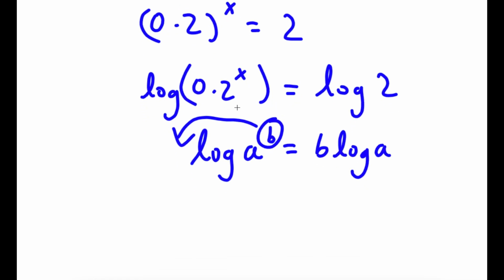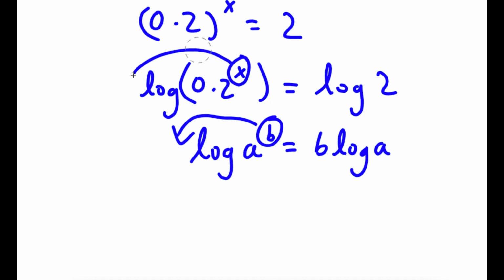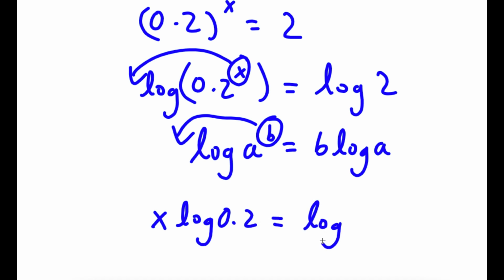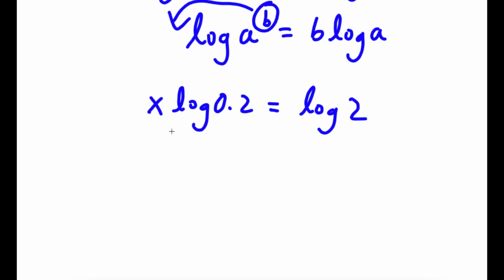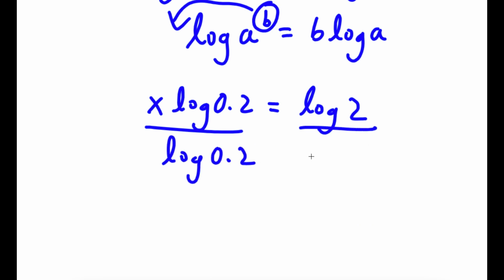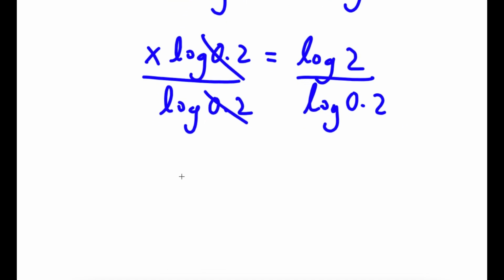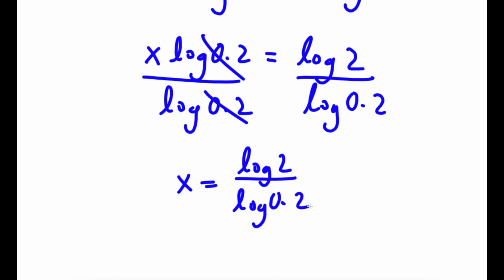So in this case, I have log 0.2 to the power of x, and I can move x to the front. So now I have x times log 0.2 is equal to log 2. Now if I divide both sides by log 0.2, these two cancel out, and I get x is equal to log 2 over log 0.2.